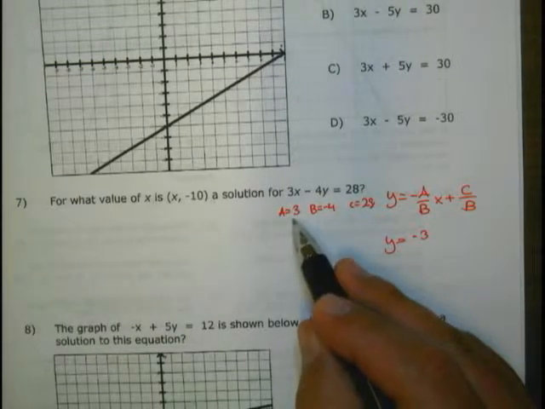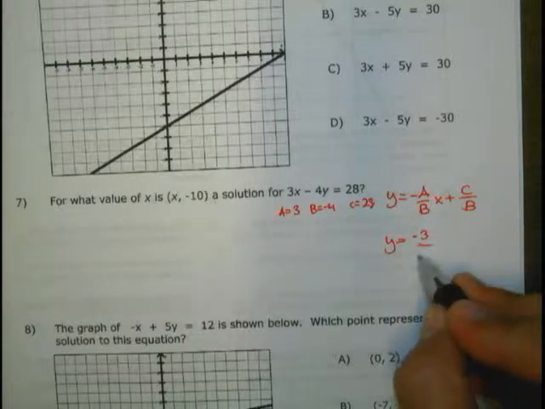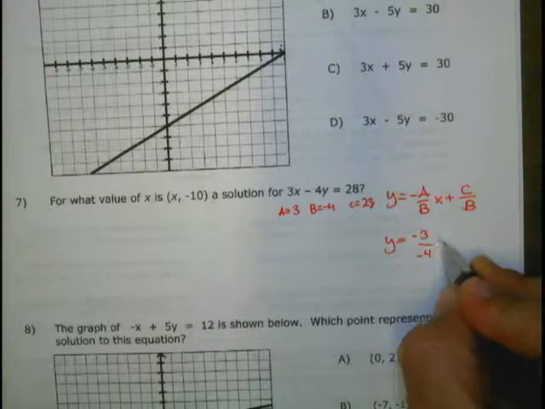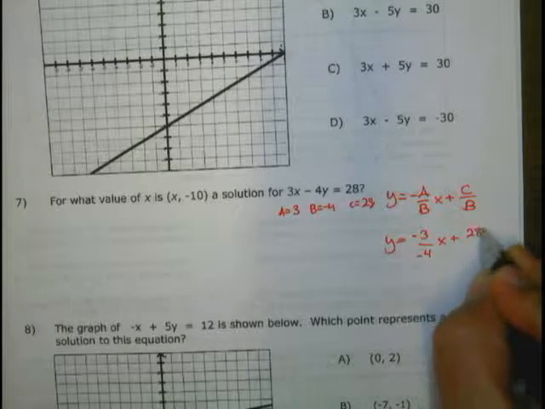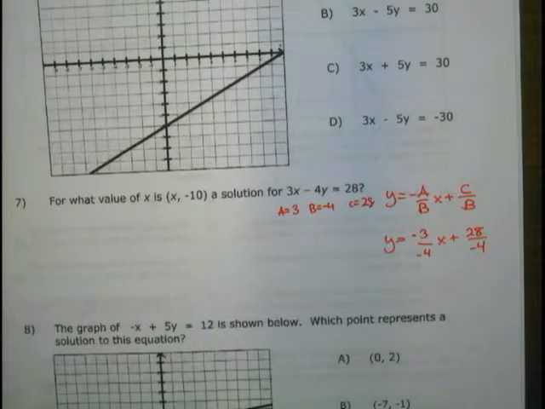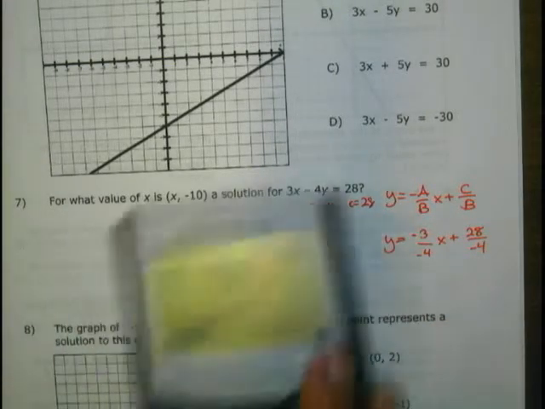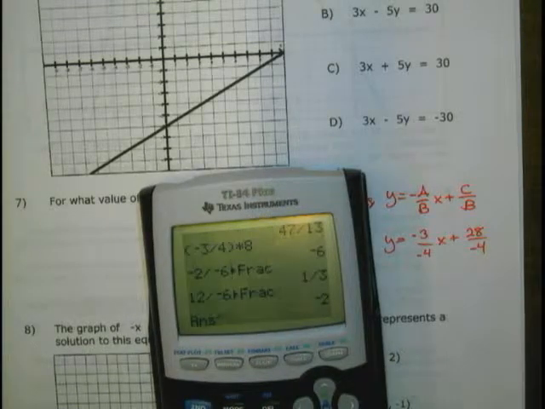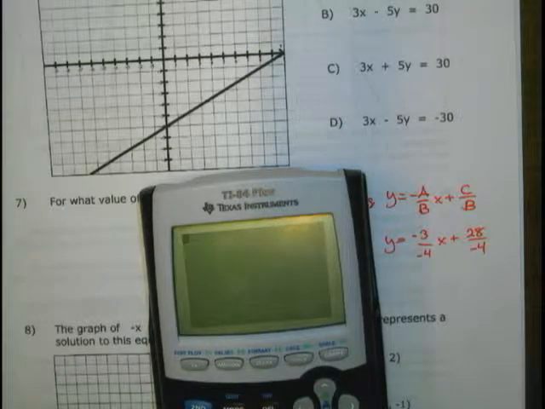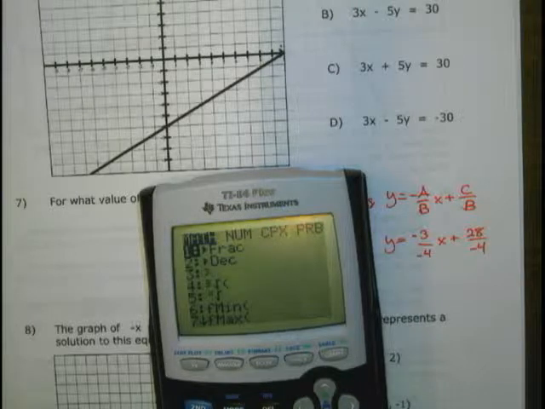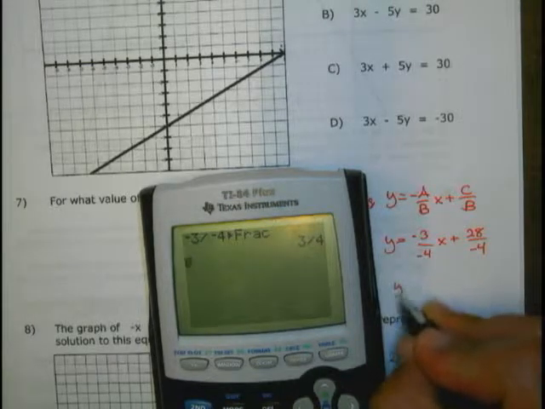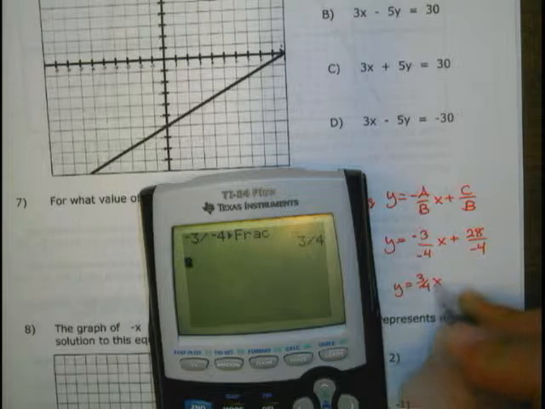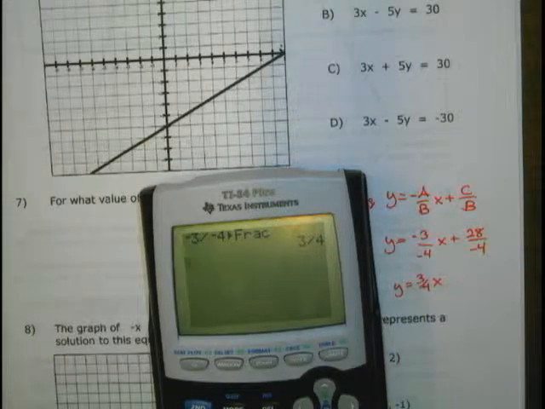Now I went ahead and took the opposite of A, negative 3, over negative 4, x plus 28 over negative 4. From here, let's just math frac both of these. Let's type in negative 3 divided by negative 4. Math frac. So we have y is equal to 3 over 4x. And then from here, we'll do the other side, which is 28 divided by negative 4.